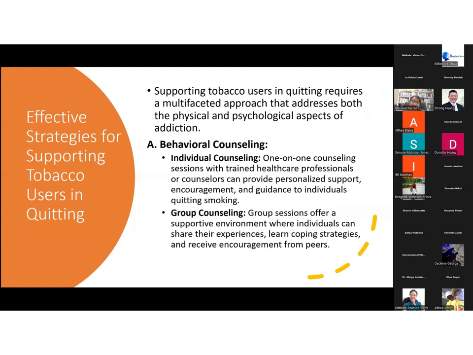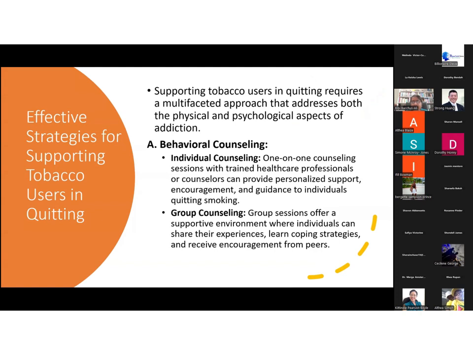Now, how do we get them to stop smoking? So supporting tobacco users in quitting requires a multifaceted approach to address both the physical and psychological aspects of addiction. So you have behavioral counseling. This can be done using individual counseling. This is a one-on-one counseling with the healthcare professional and the person.